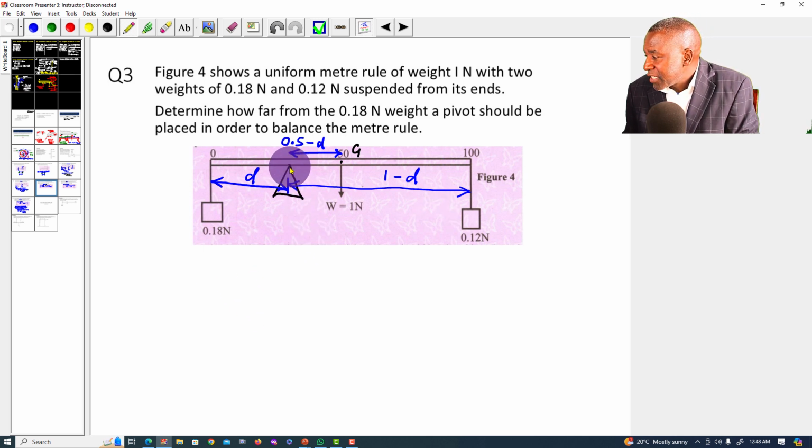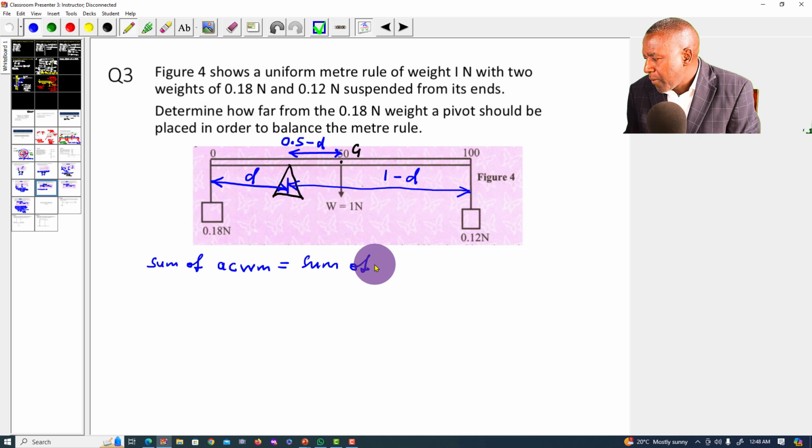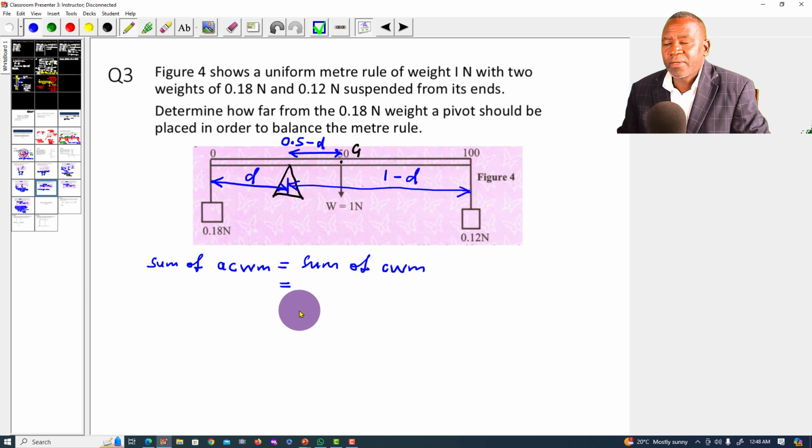So take moments about the pivot. I'm going to look at the sum of the anti-clockwise moments equals the sum of the clockwise moments, like that, right?